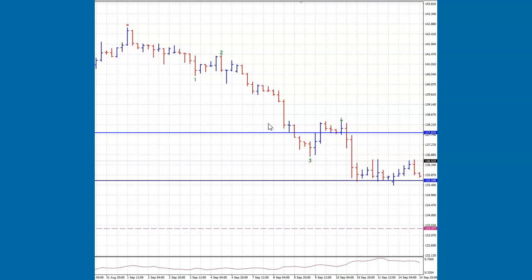Now, this is where the ABC pattern can help us if we don't get a major movement back up. So let me try to get my thoughts straight here. I'm sorry, I don't mean to confuse you. I don't mean to sound like a babbling crazy man. But we get the 3.